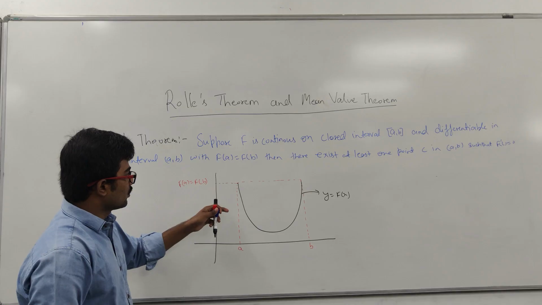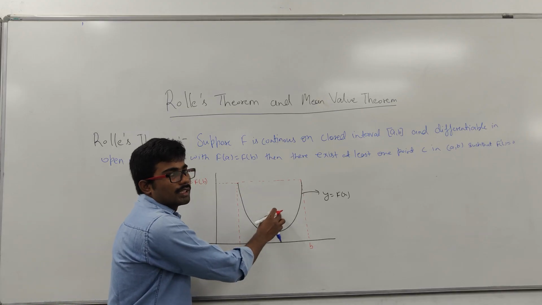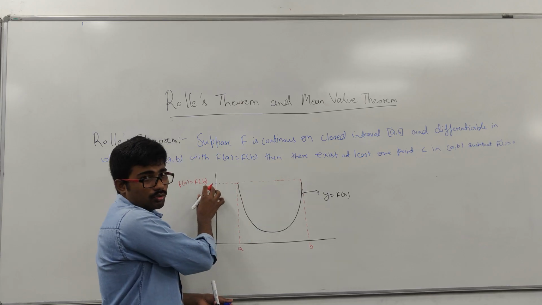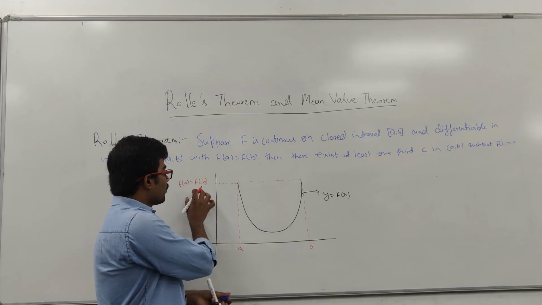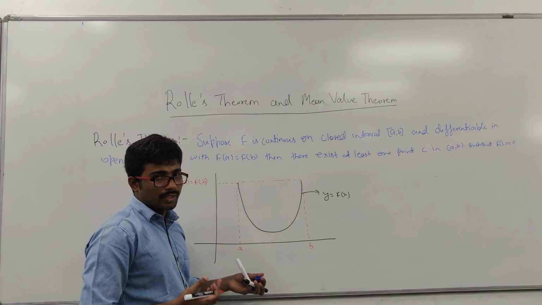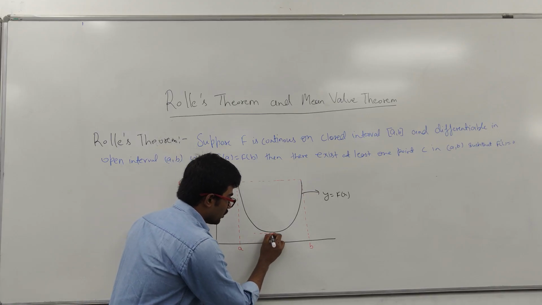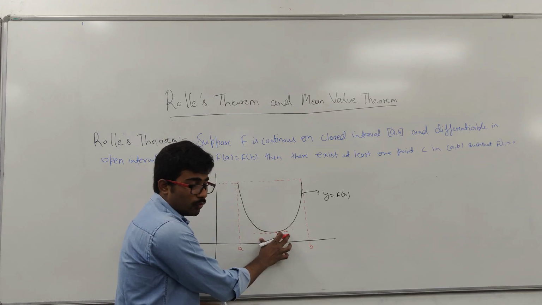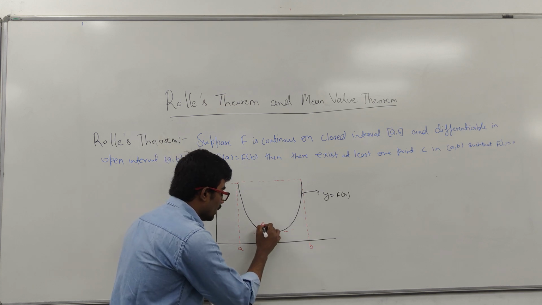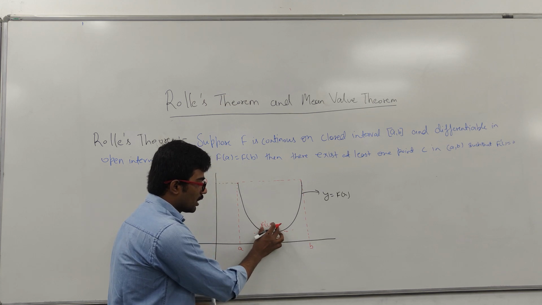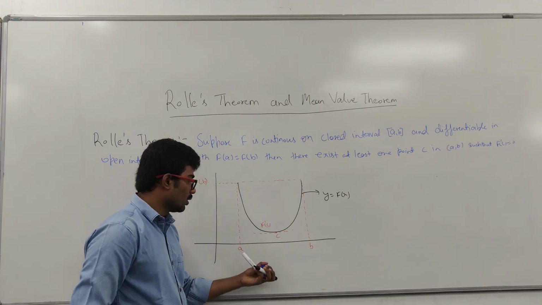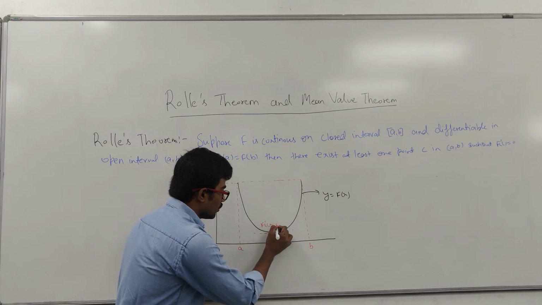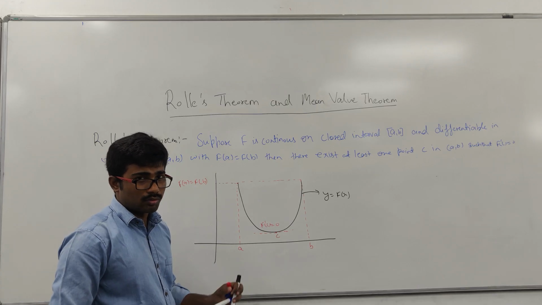So this curve is smooth and it is differentiable also. So what does Rolle's theorem say? If f of a equals to f of b and f is continuous and differentiable, then here we get a point c. Here we are getting a point c at which the tangent line is parallel to x-axis. Now we know if a line is parallel to x-axis, then its slope is 0. Therefore, f dash c equals to 0. So this is the geometrical meaning of Rolle's theorem.